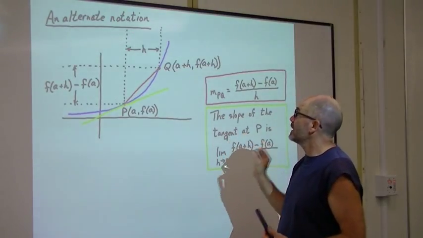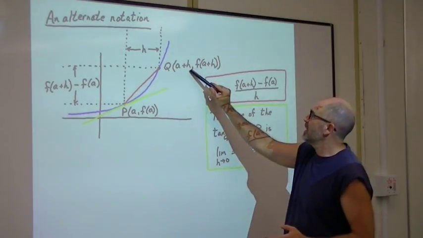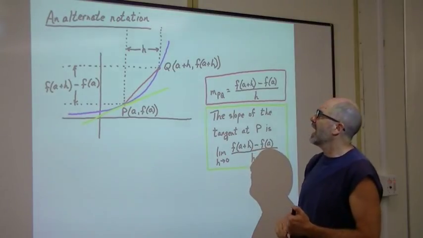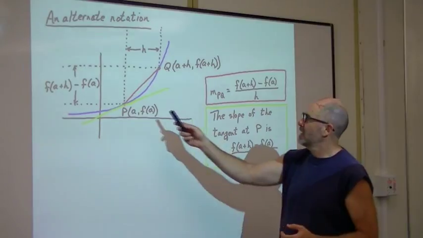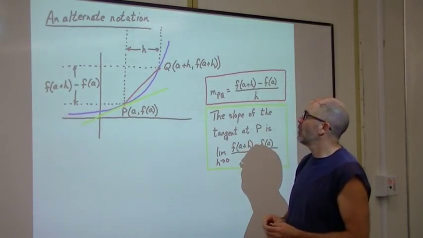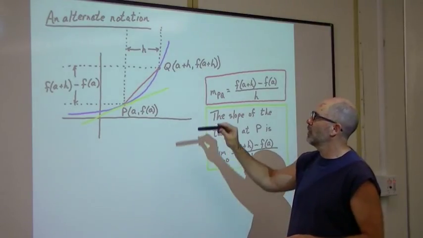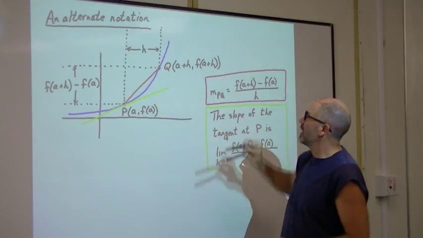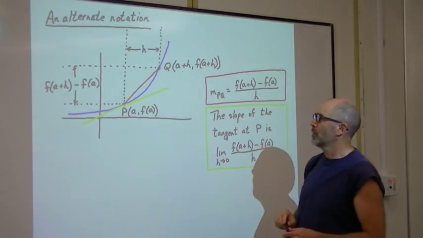Now, point Q is going to be a plus h, and f of a plus h. In other words, h is some x value that we're adding to get from P to Q. So that means the y value to get from P to Q is going to be from f of a to f of a plus h, where a plus h is my x value of Q.